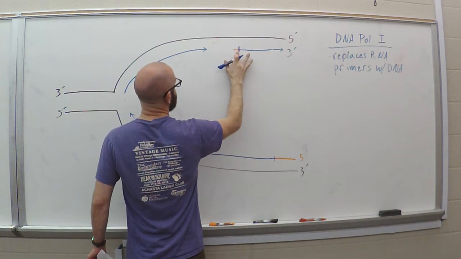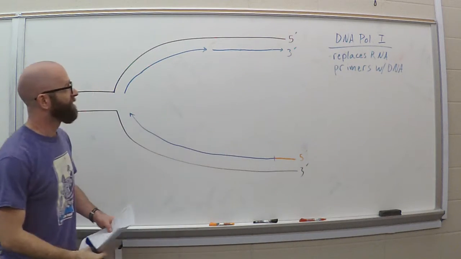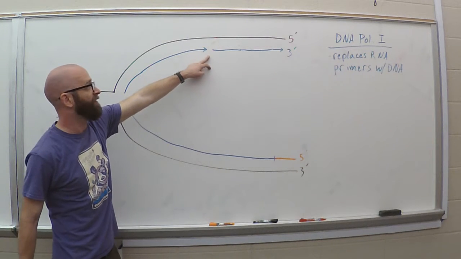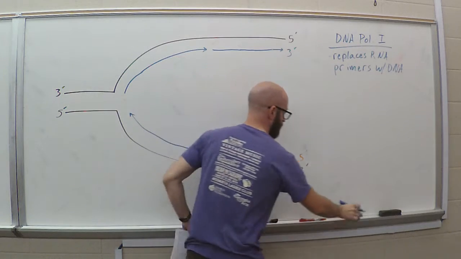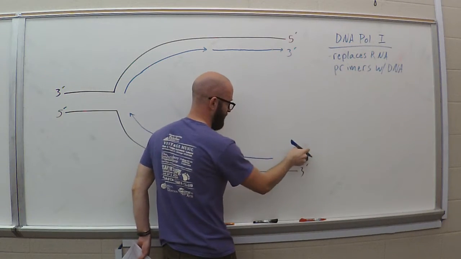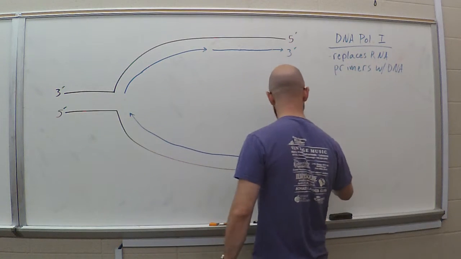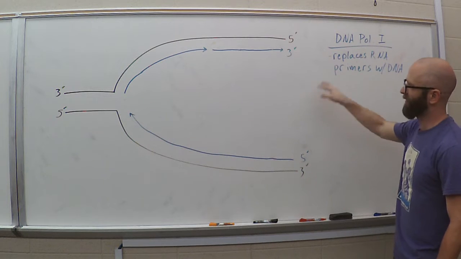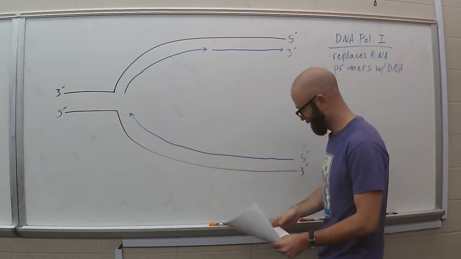But notice what I'm not doing. DNA polymerase I does not connect the Okazaki fragments. All it does is it replaces the primers. And we'll replace our primer down here. So we've pulled up the RNA primers and we've replaced them with DNA.